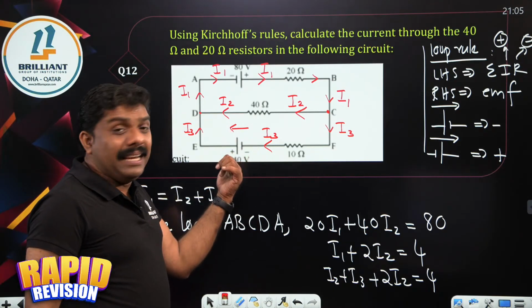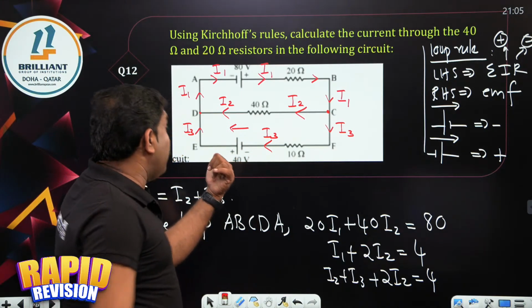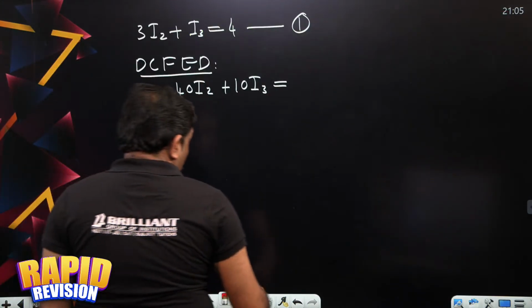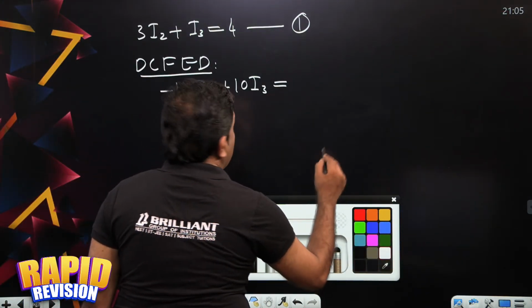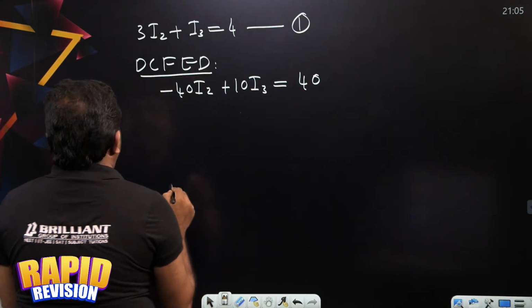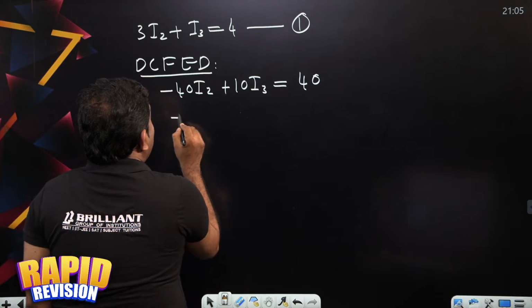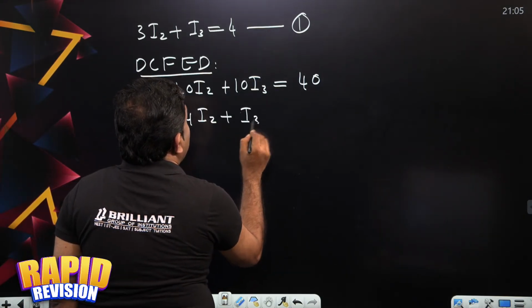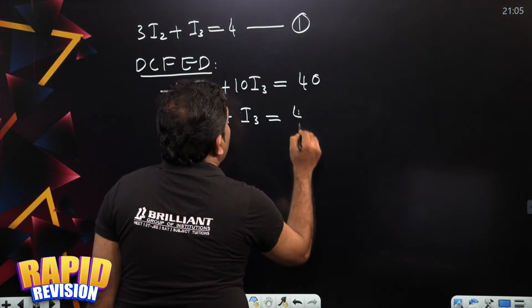So there is a gain in voltage. So plus 40 it is. So that is equal to plus 40. Now I can divide by 10. So it's coming minus 4I2 plus I3 is equal to 4.